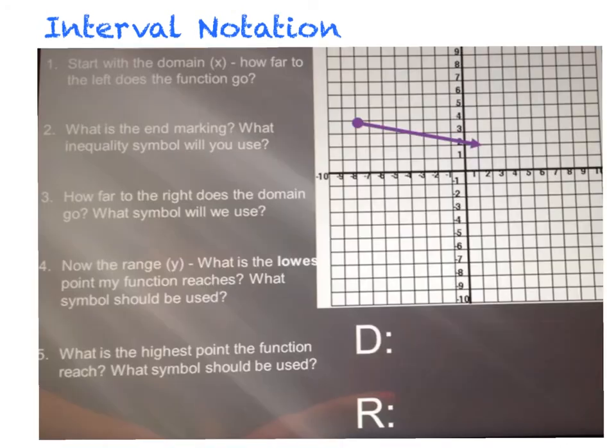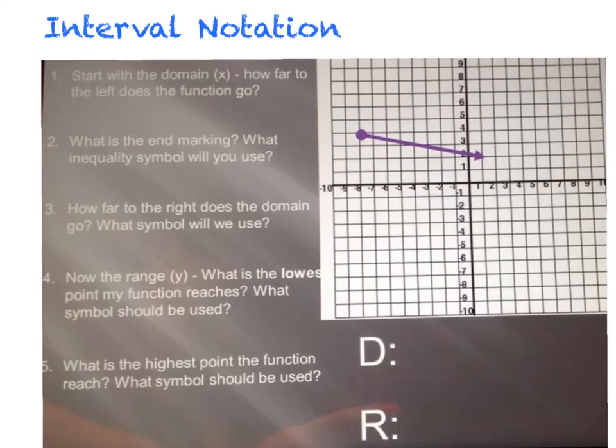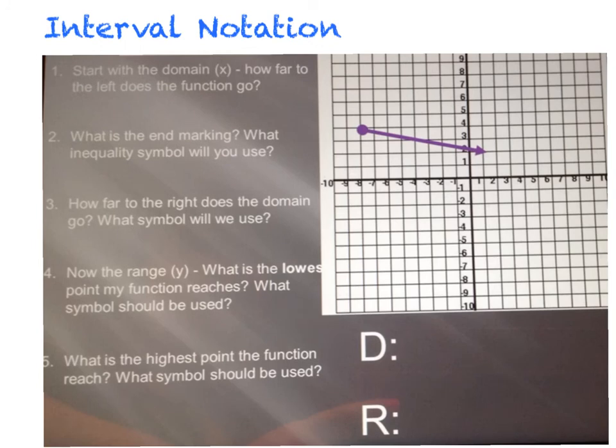Now we are going to practice using interval notation. First, let's look at the domain, which we know is the x values. What is the furthest left point? That would be -8. And now we want to take a look at the end marking. Well, the end marking is a closed circle, so we know that we are going to be using a left bracket.